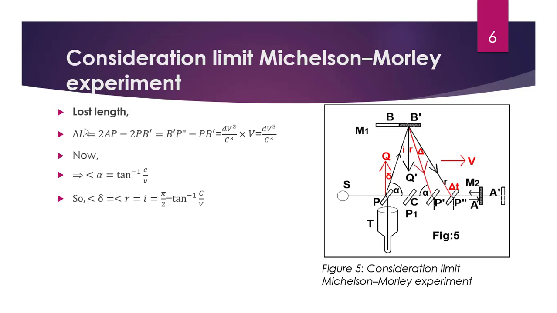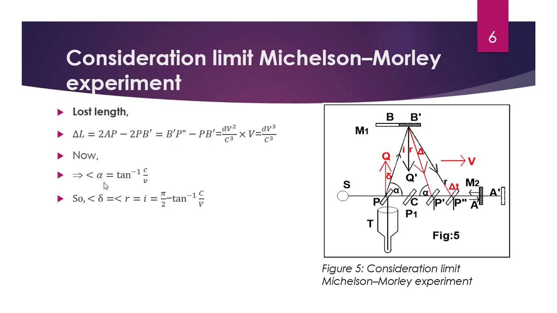Lost length, we will find out the lost length, so dv cube by C cube into AP minus 2 into PB dash, equal to B dash into P double dash, B dash into P double dash minus P dash V dash equal to dv square by C cube into V, dv cube by C cube.